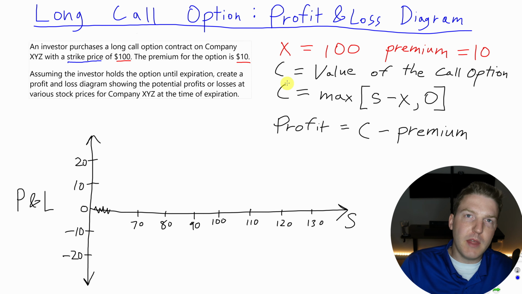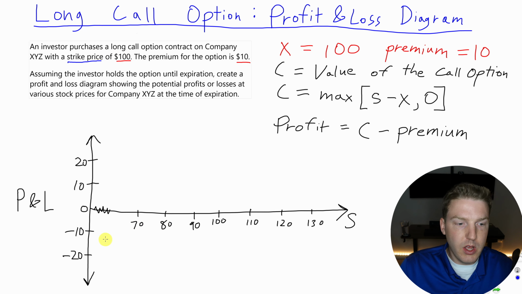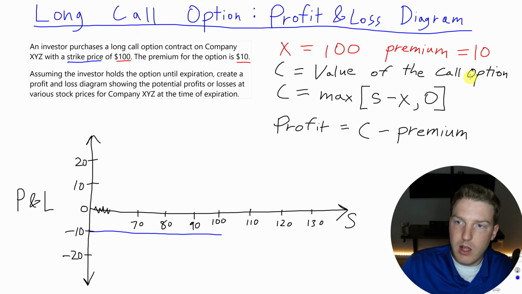And the only time that we could buy the stock for less than it's actually worth is if the price is over $100. So any point in time where the price is below 100 or equal to 100, we have essentially just lost the $10 premium that we initially paid.